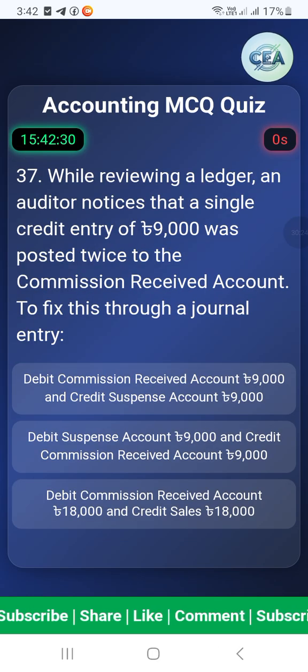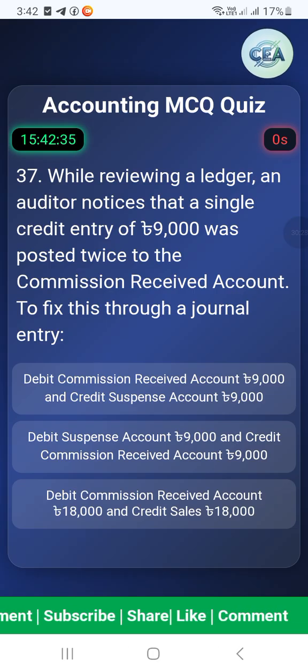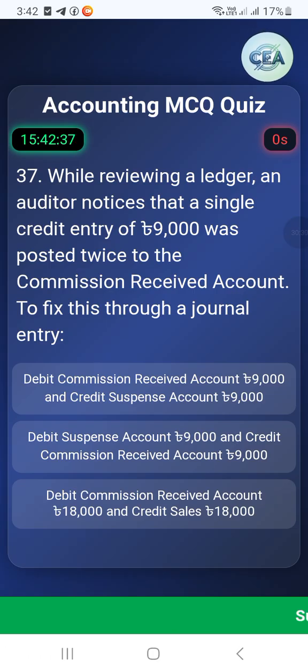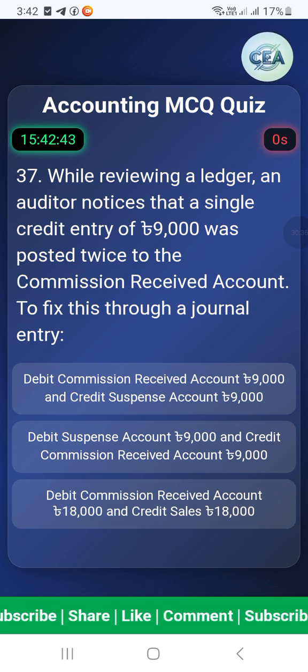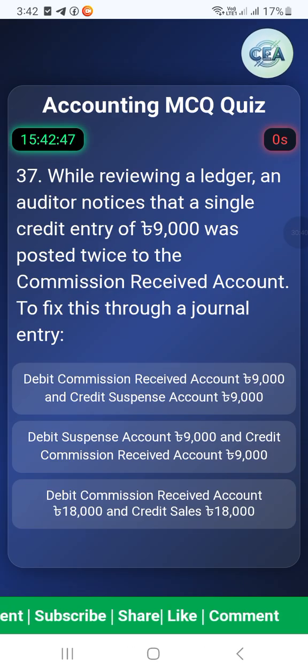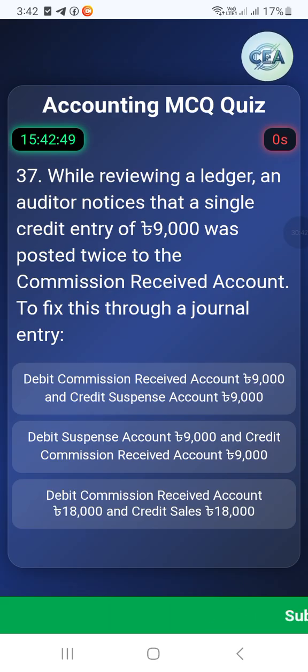37. While reviewing a ledger, an auditor notices that a single credit entry of 9,000 takas was posted twice to the commission received account. To fix this through a journal entry. Option 1. Debit commission received account 9,000 takas and credit suspense account 9,000 takas. Option 2.